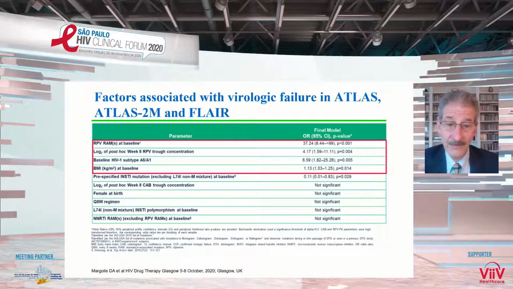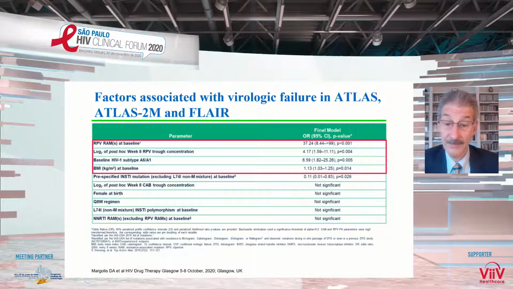Factors that were associated with virologic failure across these 3 studies included the presence of rilpivirine resistance-associated mutations at baseline. That was based on a retrospective analysis of proviral DNA. The week 8 rilpivirine trough concentrations, essentially a pharmacokinetic measure of rilpivirine exposure. So the lower exposure to rilpivirine, the greater the risk of having virologic failure.